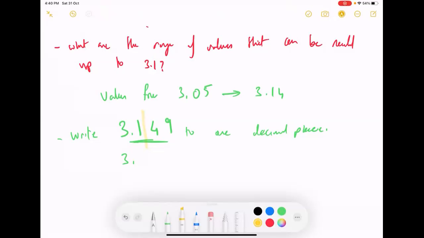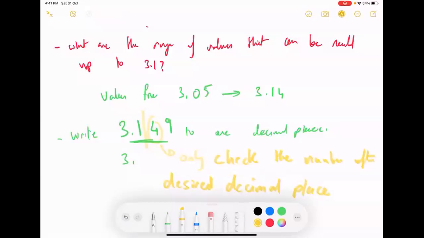We only check the number after the desired decimal place.